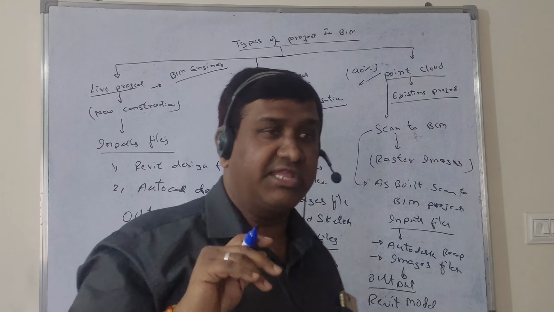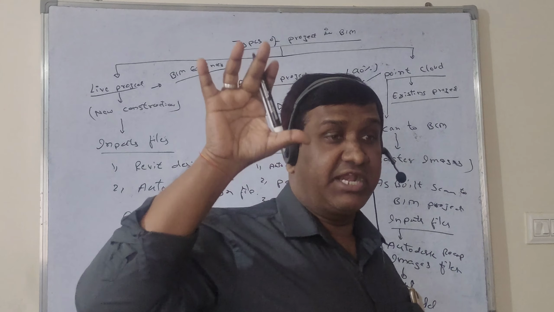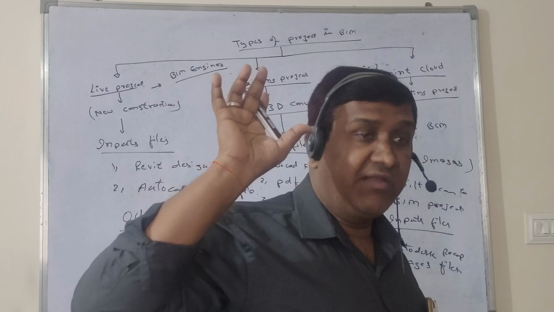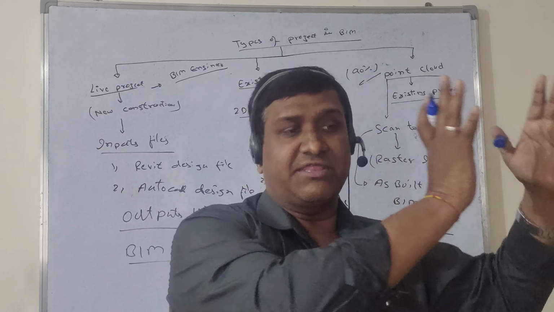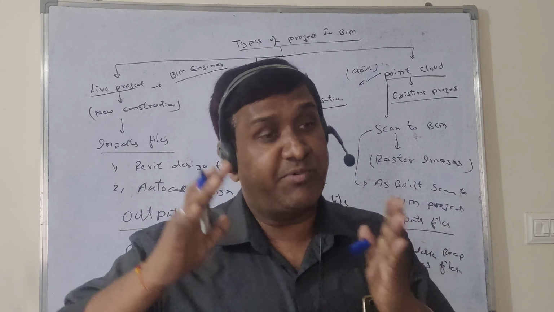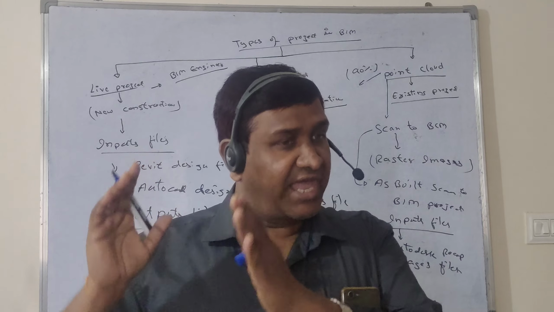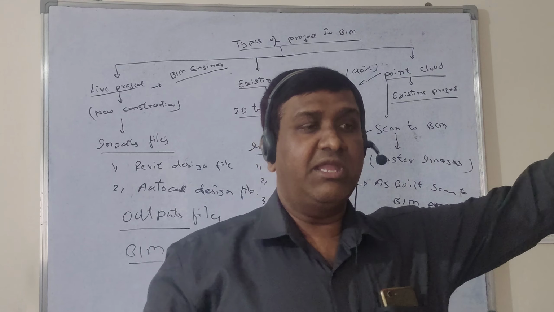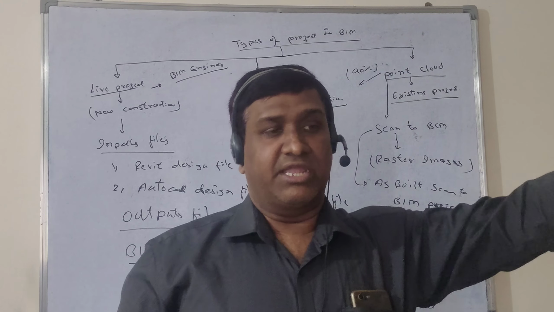You are doing the design, analyzing all the aspects of design, creating the model, and giving full information about that model, and that model is going to be constructed at site fully as per your information. If you are giving some sizes, the same size is going to be purchased in the market, and that component is coming and being executed.